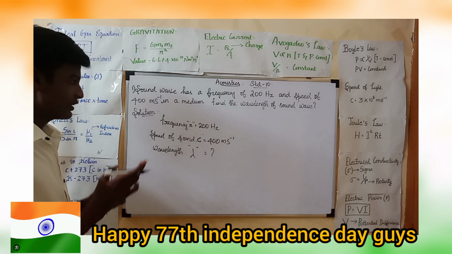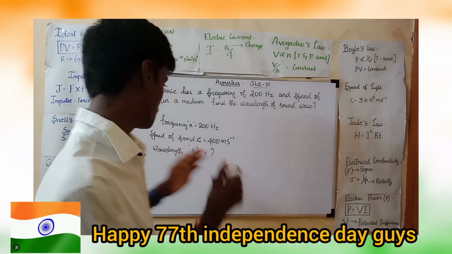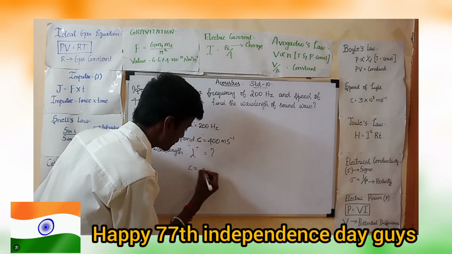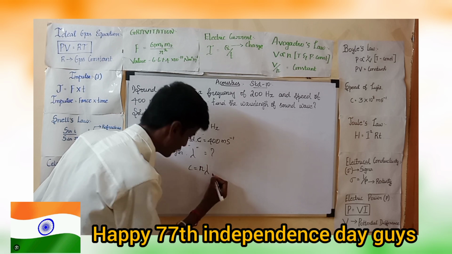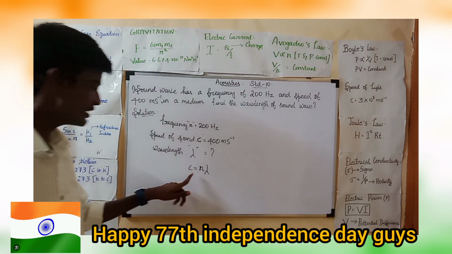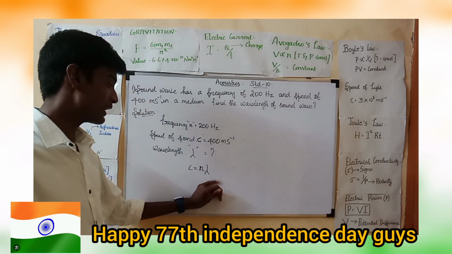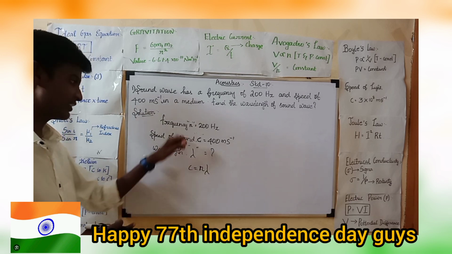We know the formula for the speed of sound: C is equal to N times lambda, that is frequency into wavelength. By multiplying these two, we get the speed of the sound, that is C.